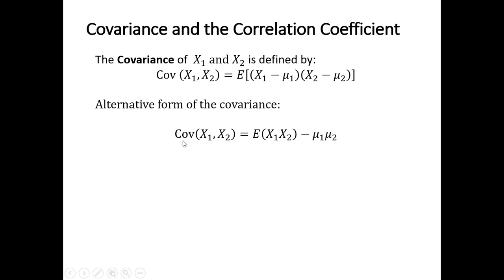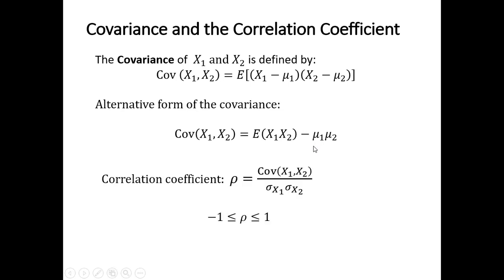So here you see covariance in terms of the expectation. And then we can get our correlation coefficient by looking at the covariance of x1 and x2 and then dividing by the product of these two standard deviations.